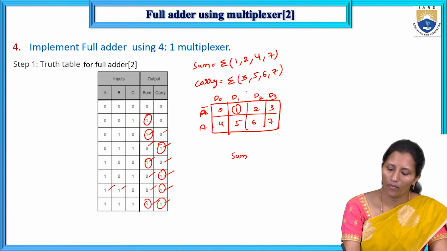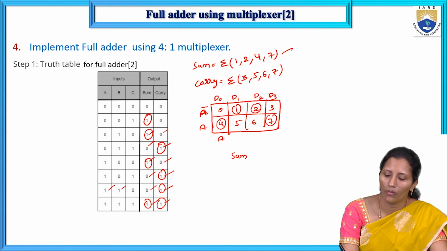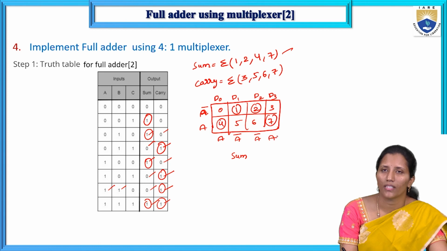Circle 1, 2, 4 and 7 for the sum. If row 2 is circled, we write A. If row 1 is circled, we write A bar. This one is also row 1, so A bar, and here A. So these are the inputs to the 4:1 multiplexer for the sum.